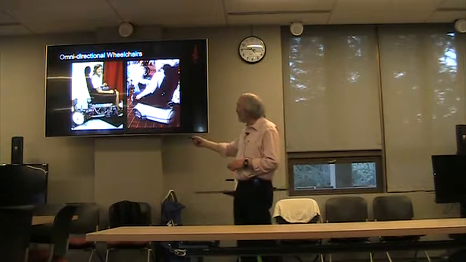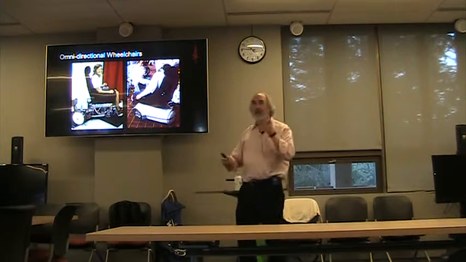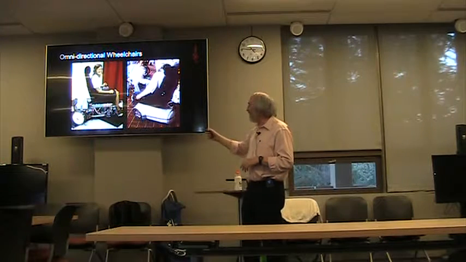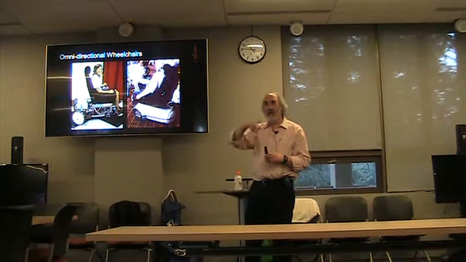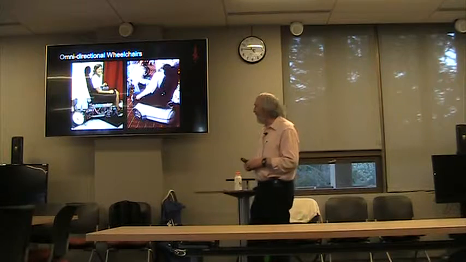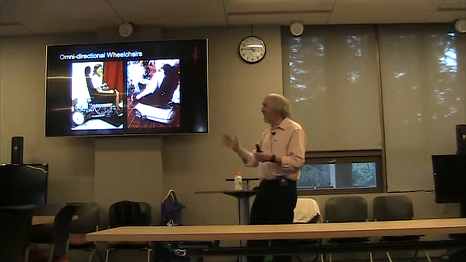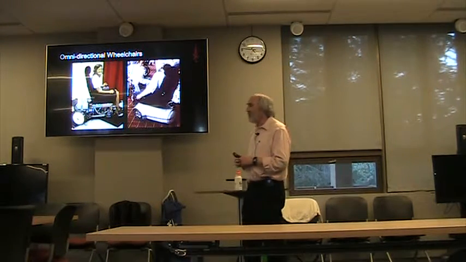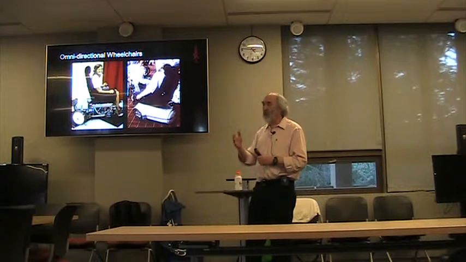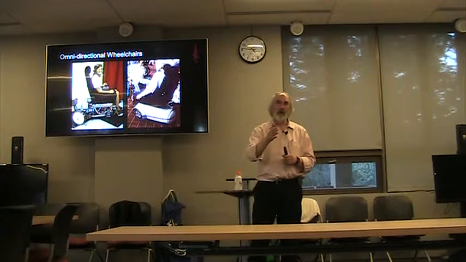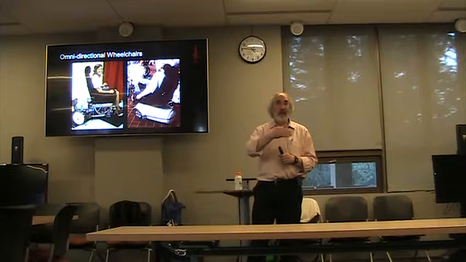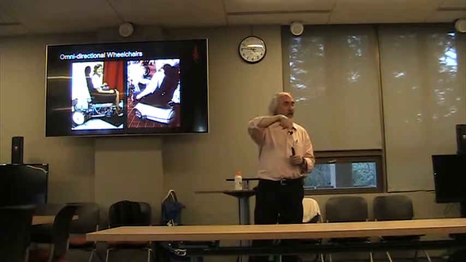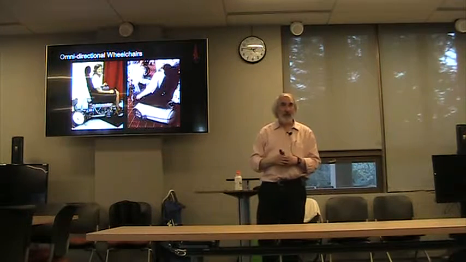And you notice both wheelchairs have 3 wheels. And in this case, all 3 wheels are powered in the normal way a wheel would be powered. And by changing the speed and direction of each wheel, you could move off in any direction, forward, backwards, straight left, straight right, and rotate around its own axis. So it's very maneuverable.